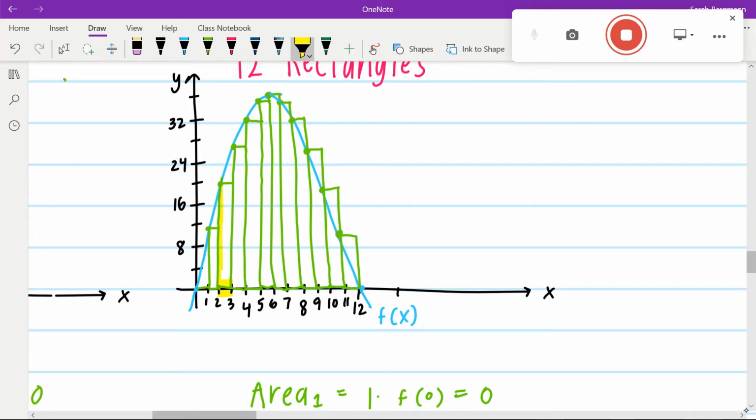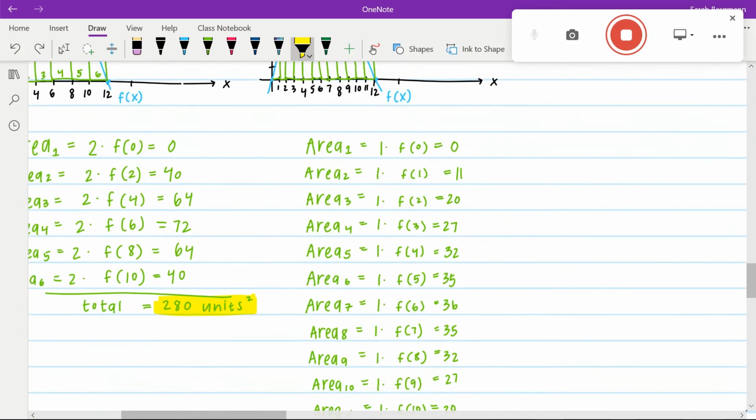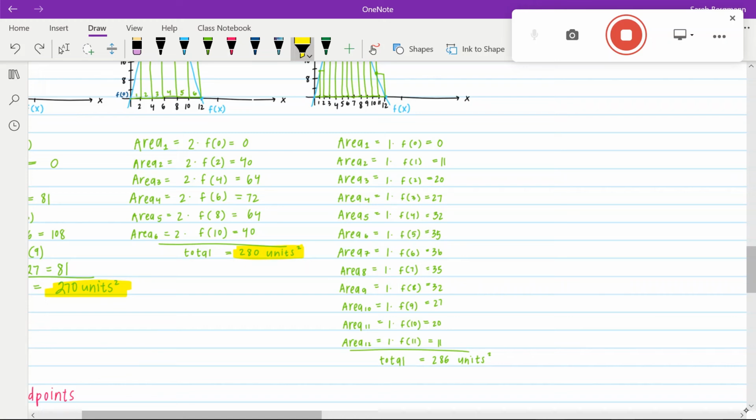The left end finds the height, so that would be found by plugging 2 into the function. So that's why I have f of 2 for the height, and so on. Once I find all 12 areas of all 12 rectangles, I can add them all up to get the answer for the approximate area.